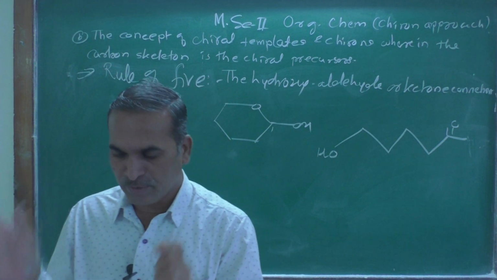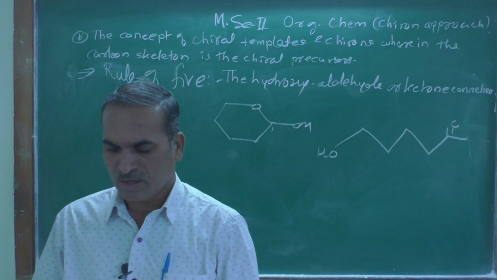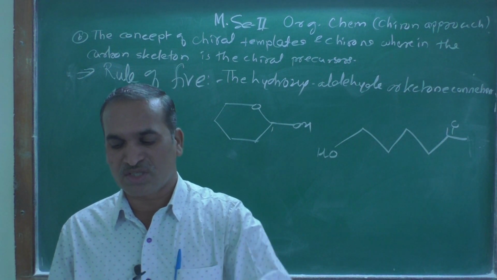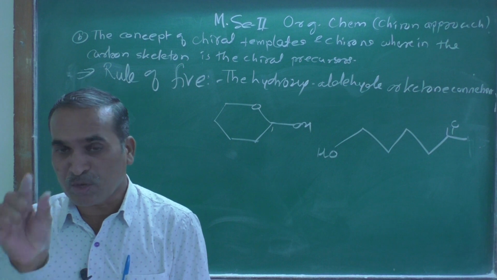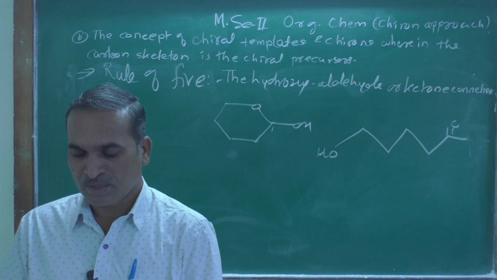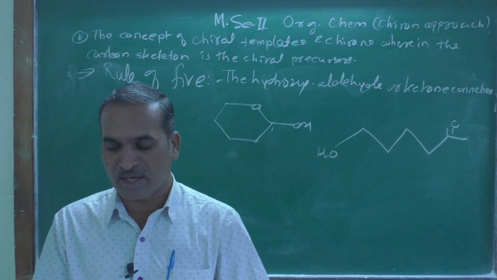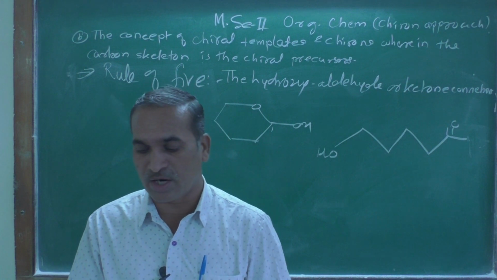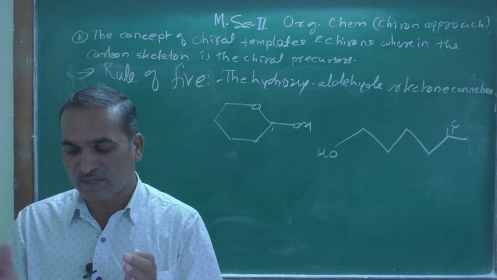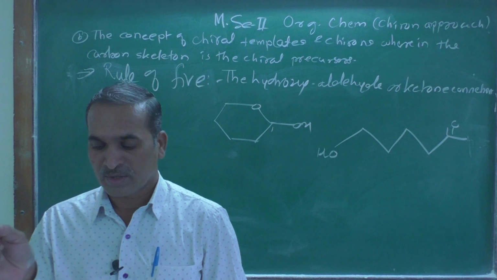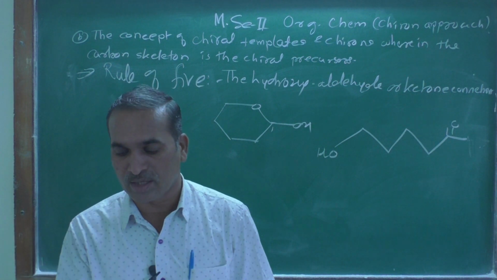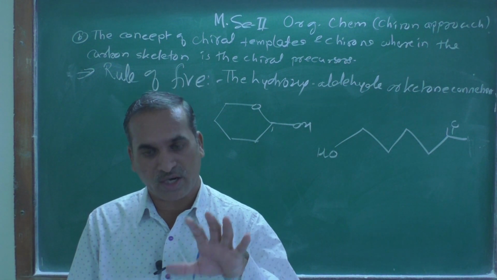rule of 5. A simple protocol consists in establishing the spatial relationship between a carbon atom bearing an oxygen or other heteroatom and a given carbon atom located 4 or 5 atoms away along the chain or ring.